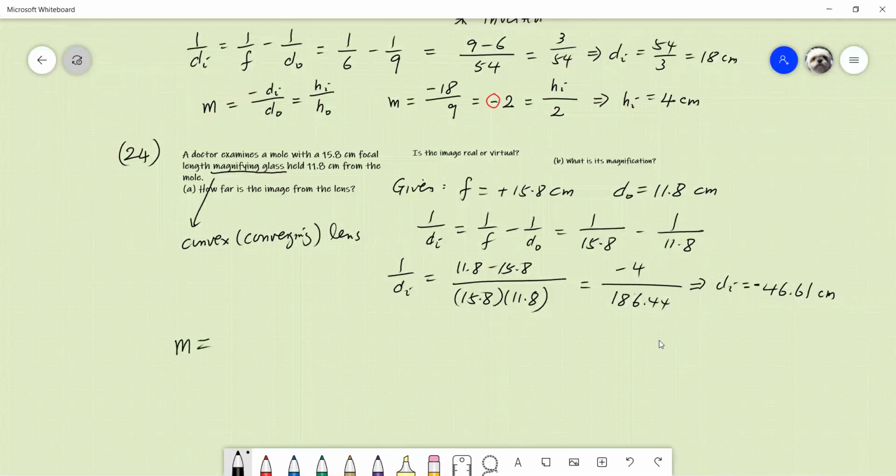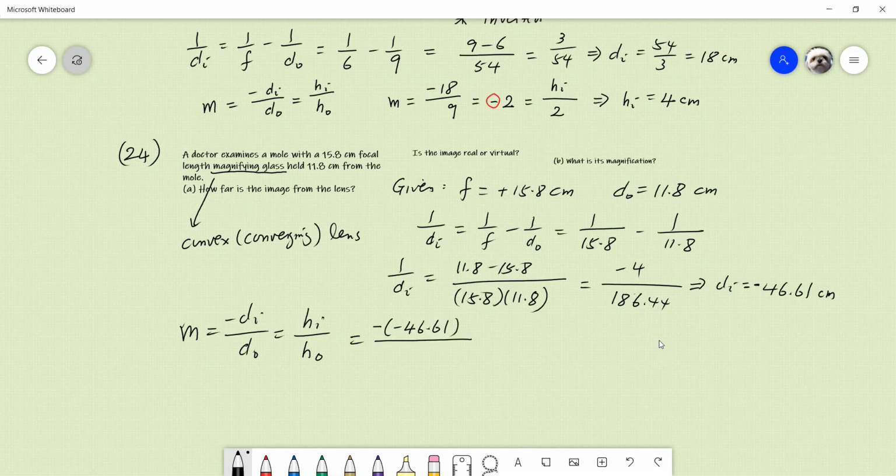Now M is equal to minus DI over DO, which is also saying HI over HO, right? Now, what is DI? DI is minus 46.61, right? Am I right?